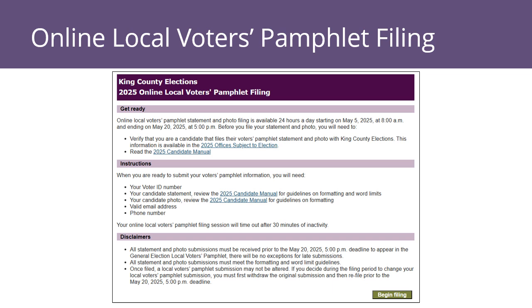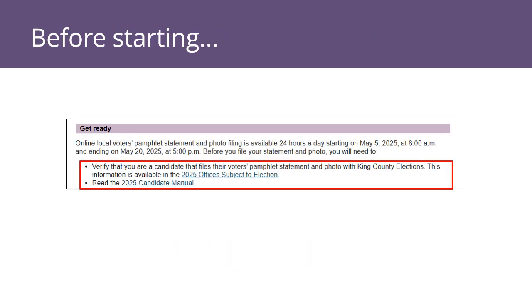This is the first screen you will see after clicking on the link for Online Voters Pamphlet Filing. Before filing, verify that you are a candidate that files their voters pamphlet information with King County. Candidates who do not file with King County should consult the offices subject to election to determine where they file voters pamphlet information.